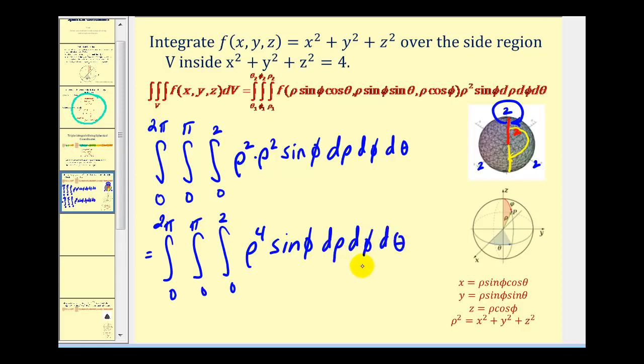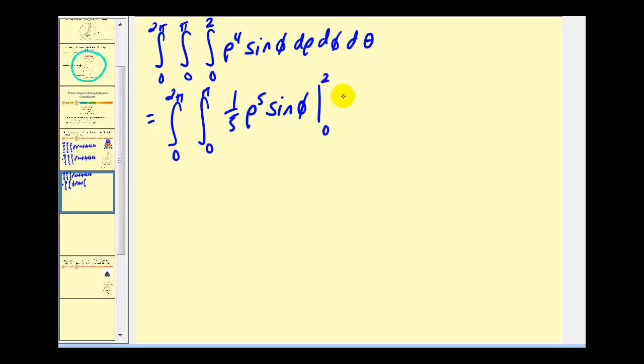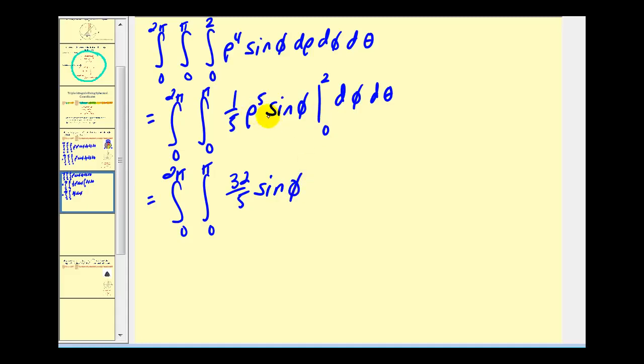Let's go ahead and evaluate this on the next page. So treating phi as a constant, we'll have 1/5 rho to the 5th sine phi. Replacing rho with 2, we'd have 32/5 sine phi. And then when rho is 0, this would be 0.